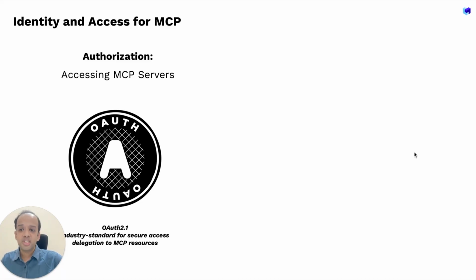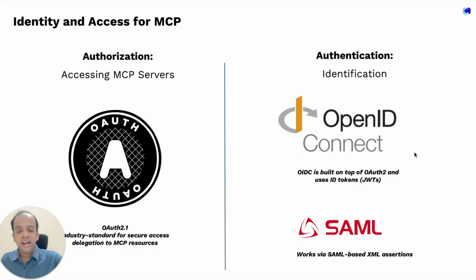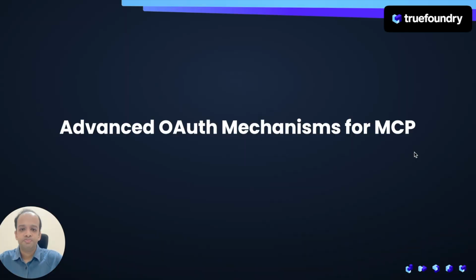Authorization for accessing MCP servers is enabled using OAuth 2.1, which is an industry standard, and authentication, on the other hand, is basically identifying the user, and that is enabled using two methods. The first one is OIDC, which is OpenID Connect, which is built on top of OAuth 2, and it uses ID tokens, which are basically JSON web tokens. And the second method is SAML, which works via SAML-based XML assertions. So either of these two authentication methods can actually work within your entire flow.